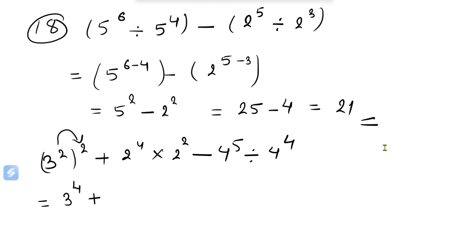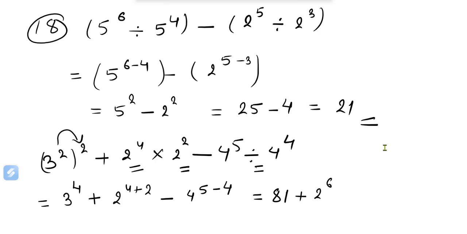Now in case of two bases are equal, then we add 4 plus 2, and because there is a division sign, minus, so this is 4 power 5 minus 4. Now this is 81 plus 2 power of 6 and simply 4 power of 1, which is 4.